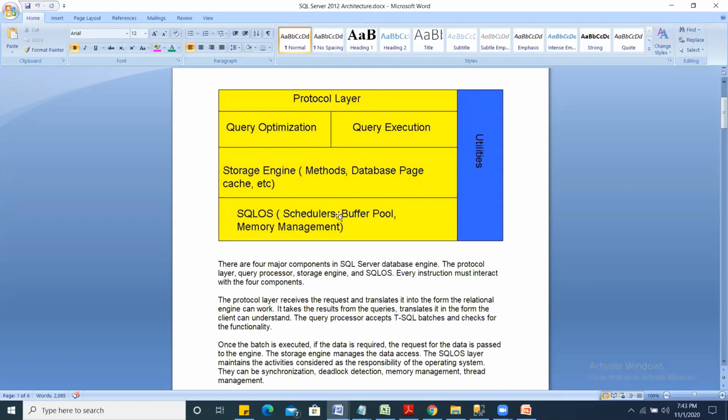So I asked one question. What is SQL OS? What does it do? Why was it introduced in SQL Server? Think about it.